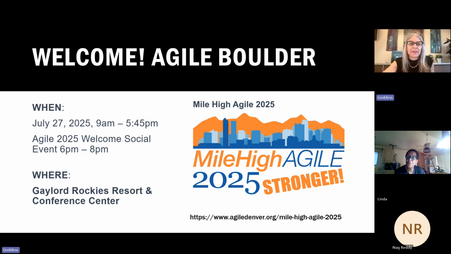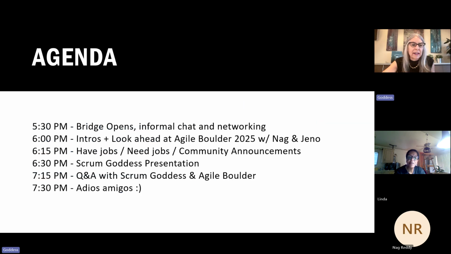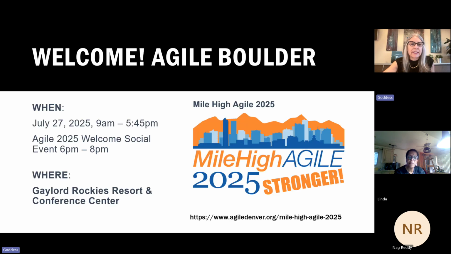Well, let's see. I am interested, oh wait, I see my other slides. I'm just curious what you guys see. Do you see just Welcome Agile Boulder, or the rest of my slides like I do? No, I see the Welcome Agile Boulder. Are we supposed to see multiple slides? There's only that one on the screen. Yeah, I can see the preview of my other things.